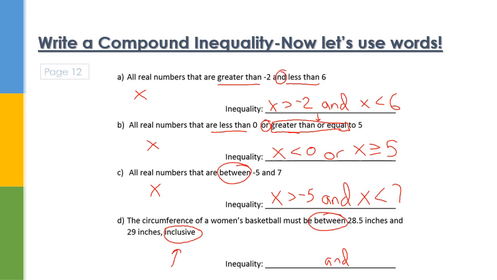So again, I'm going to use circumference as x, not very original. You could use C if you wanted to, I suppose. So x is going to be greater than or equal to 28.5, compound and x is going to be less than or equal to 29 inches. Again, that inclusive is important. It means it's including those.